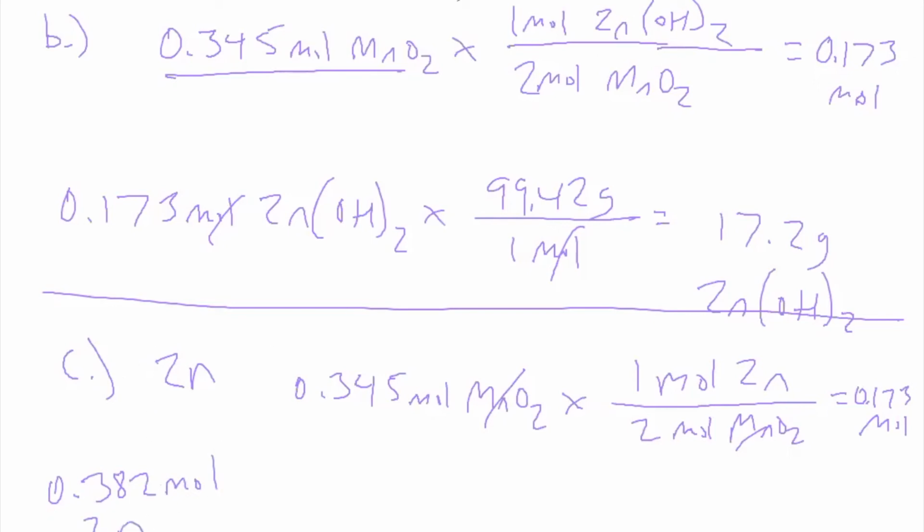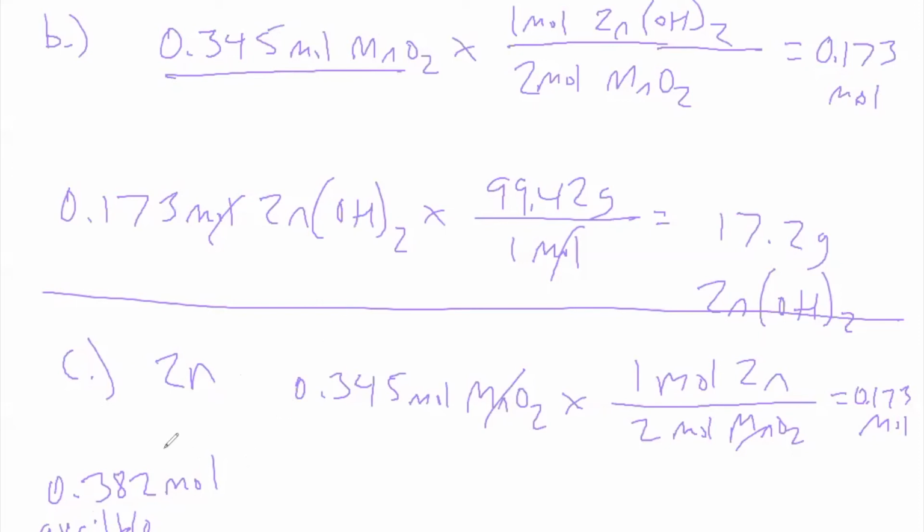Do you have a question, Robert? Yeah, so why wouldn't it be 0.382 moles of zinc? Or like, why would you need to multiply it by 1/2? That's a good question. So that's actually what we need. So we have 0.382 moles of zinc available to us, but it's in excess. It's not all going to be used. We have more than we need. So once MnO2 runs out, zinc will be in excess, and you're going to have extra zinc left over.